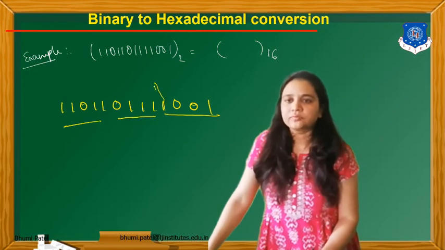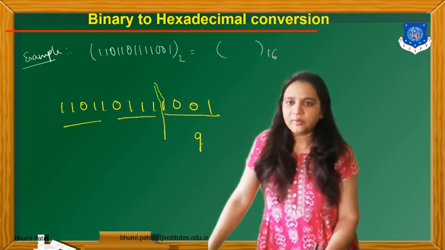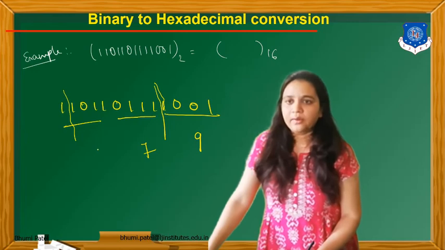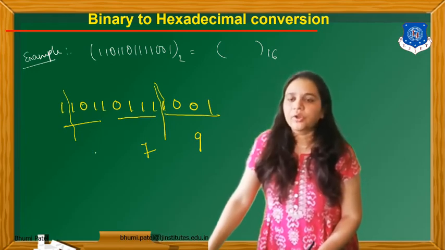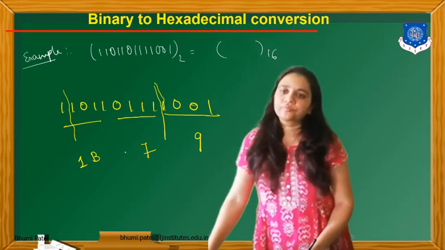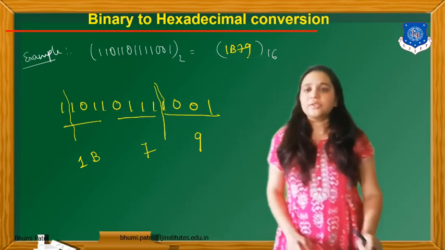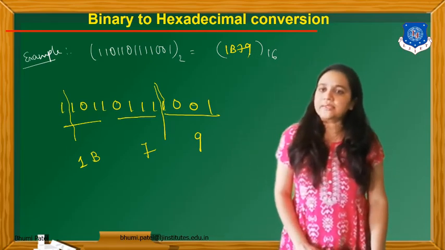This 4 means 4 2 1, which is 7, and this is 9. This group 1 0 1 1 is 8 2 1, which is 11, so we write here B, and this is 1. So 1B79. This is the conversion of binary to hexadecimal.